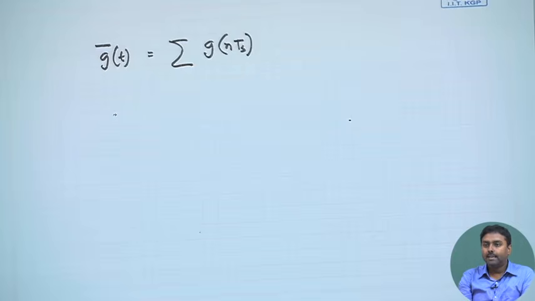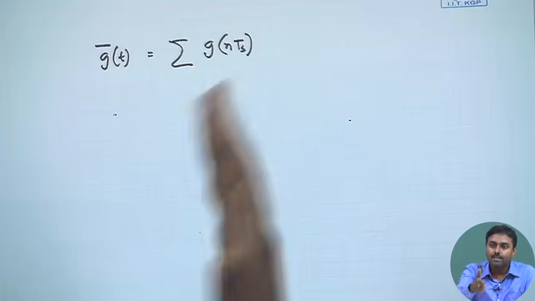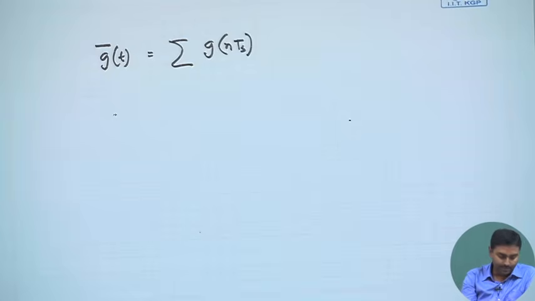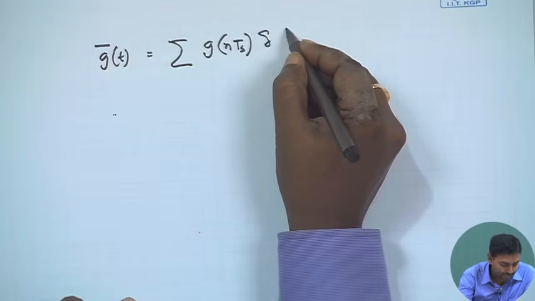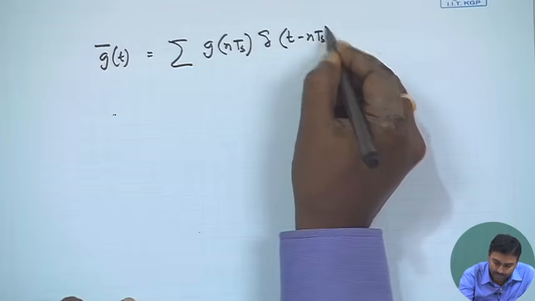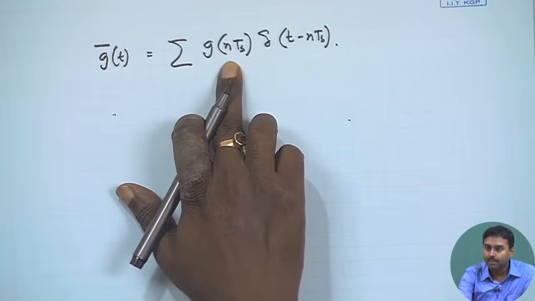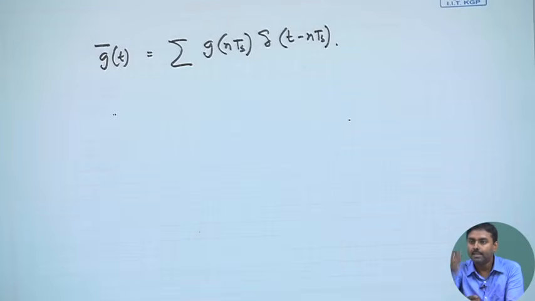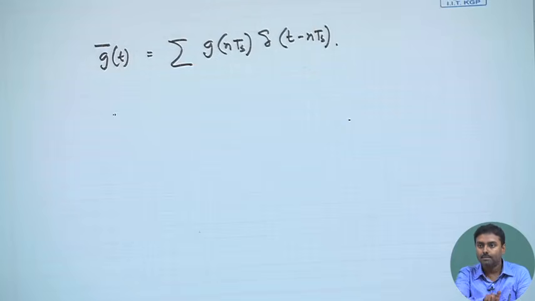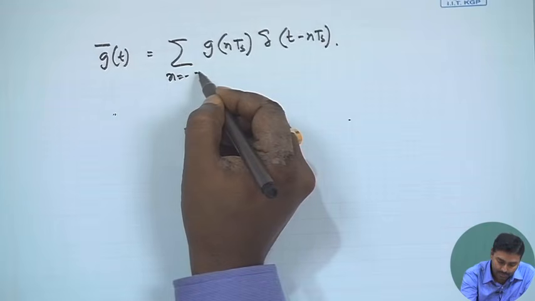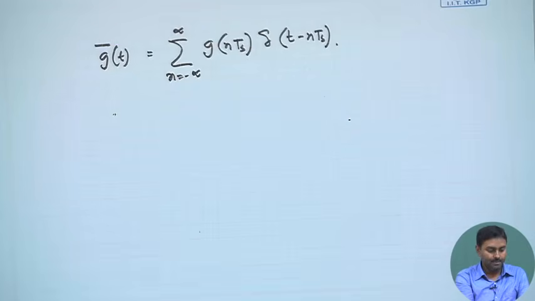This just represents, at the nth instant, the sampled value of that particular g. This should be multiplied by delta(t minus nTs). So, at nTs this is the sample, and we are multiplying it with a delta, because g bar was nothing but the sample with that strength at a delta function at that location. So, this must be the representation, with n going from minus infinity to plus infinity. This is our g bar t.